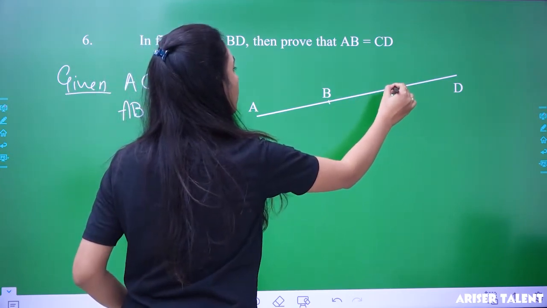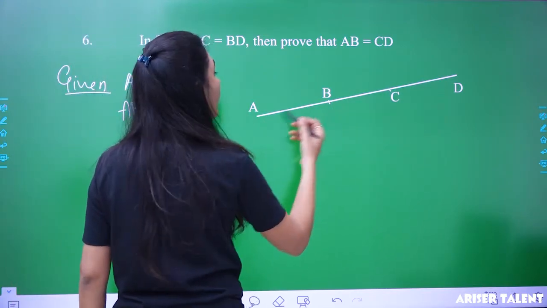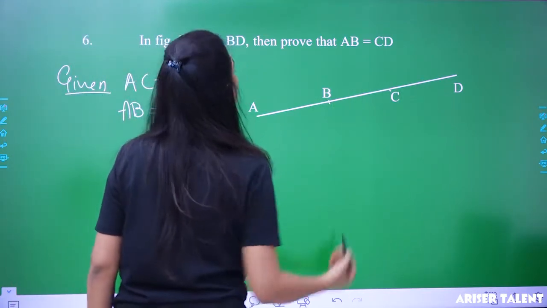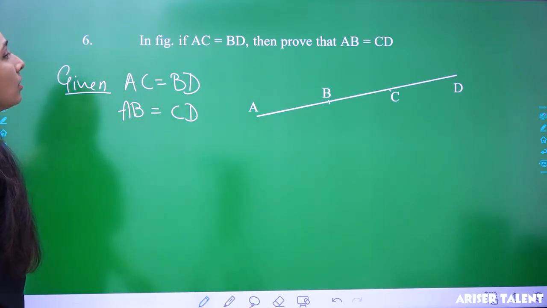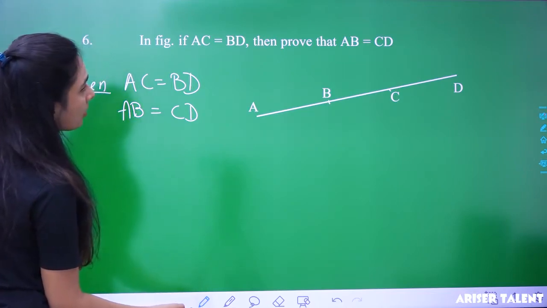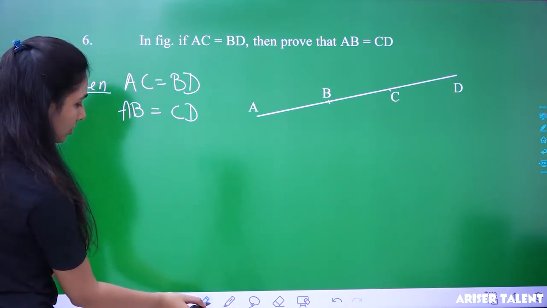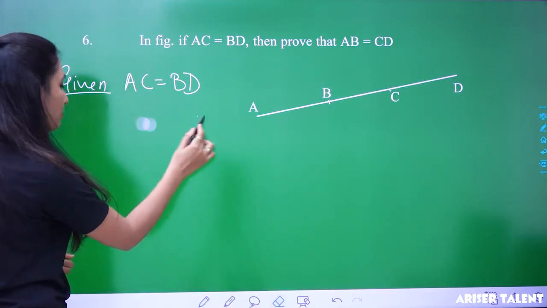These are the points here. So AC equals BD, and we have to prove that AB equals CD. This is not given, this we have to prove.